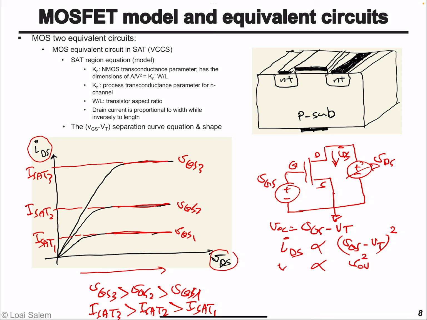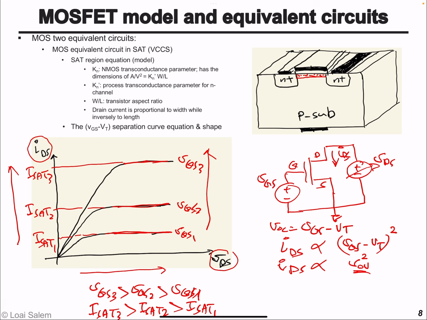And again, the higher the gate to source voltage, the more electrons in the channel, so the channel conductance increases. That's why the saturation current increases as we increase the gate to source voltage.